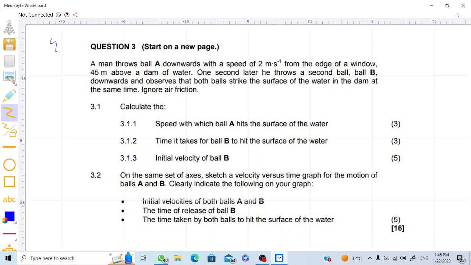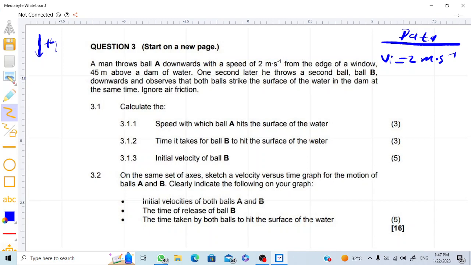Okay, now first things first, you must assume direction. In this question I'm going to assume downwards as positive. That is the first assumption I'm going to make. Secondly, you create what we call data. What is data? You write down what is given. I am given v initial for ball A, which is equal to 2 meters per second.